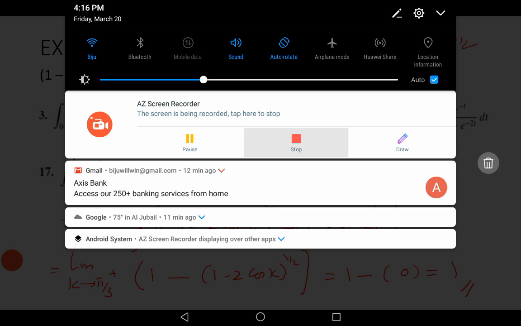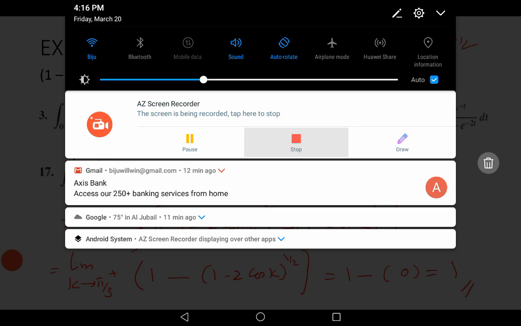So in the next step we will solve it. It is equal to the limit as k goes to pi by 3 from the positive direction. When you substitute the upper limit pi by 2, it will be 1 minus 2 cosine pi by 2, and when you substitute the lower limit k, it is 1 minus 2 cosine k.